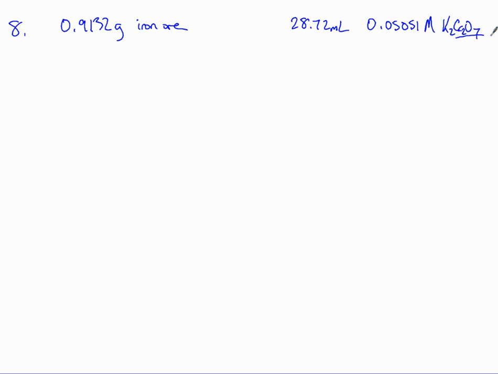So we're going to find moles of this, and once we find moles of this, we're going to end up finding the mass of our iron too. Good news is number 2 is probably even easier than this one.